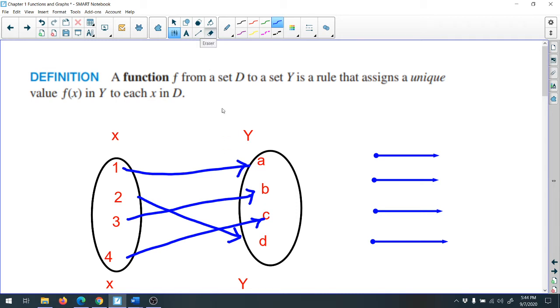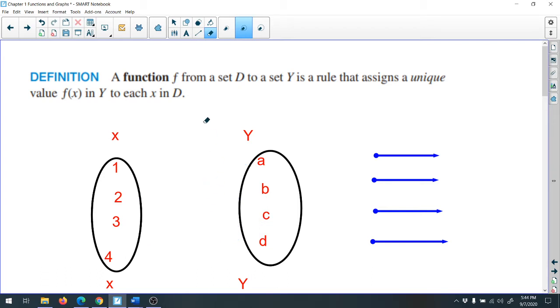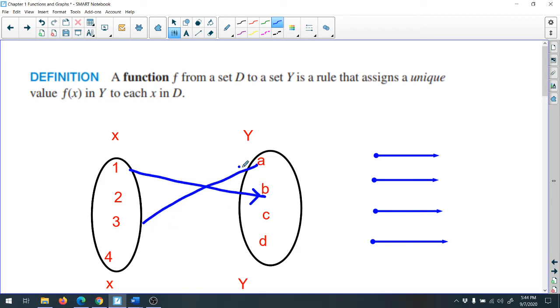In another way, we could have a relationship as 1 to B, then 3 to A, then 3 again to D, then 4 to C, and then 2 to C. Can we call this relationship a function?